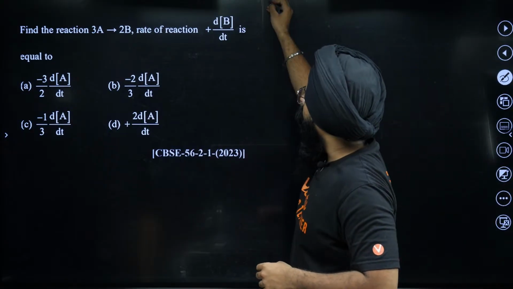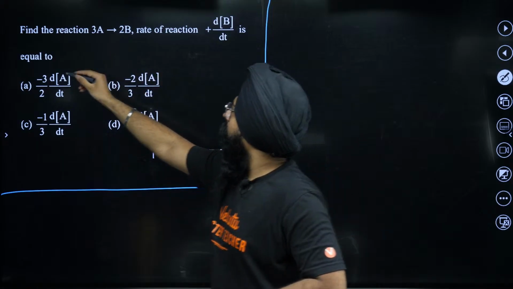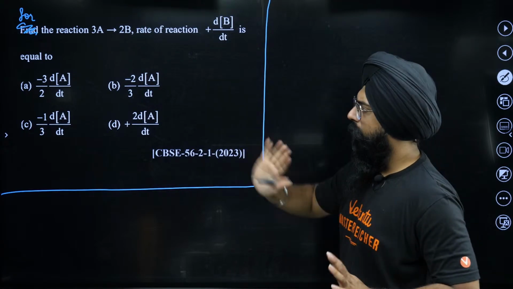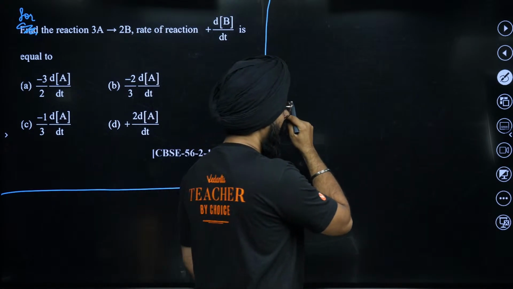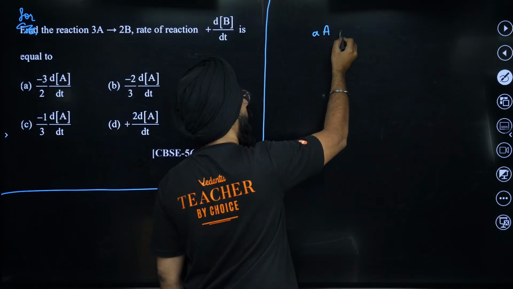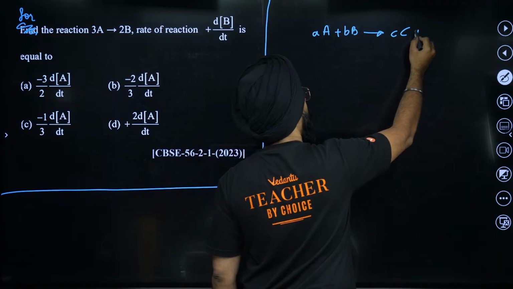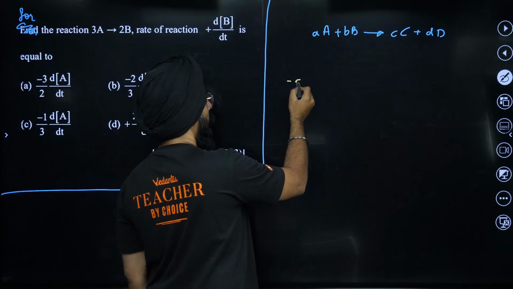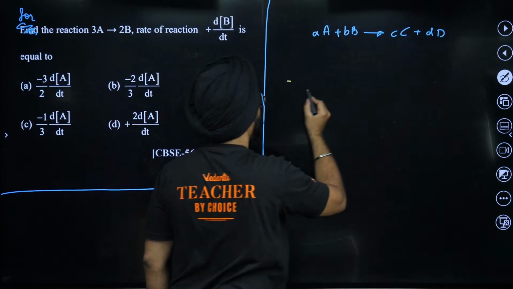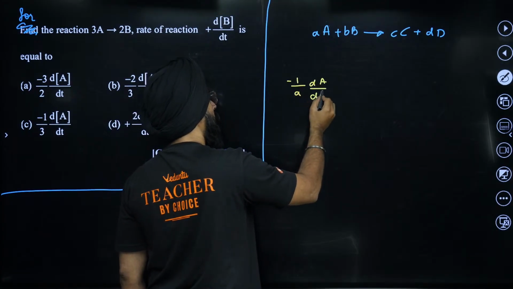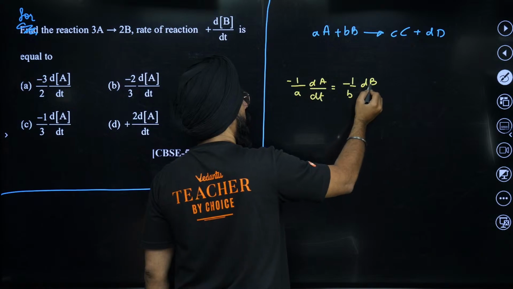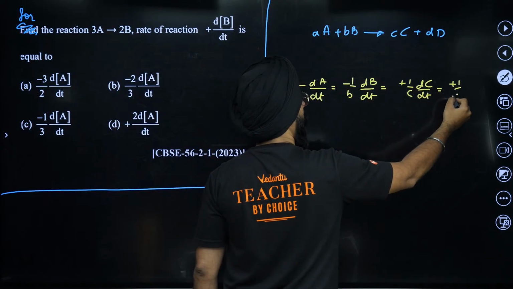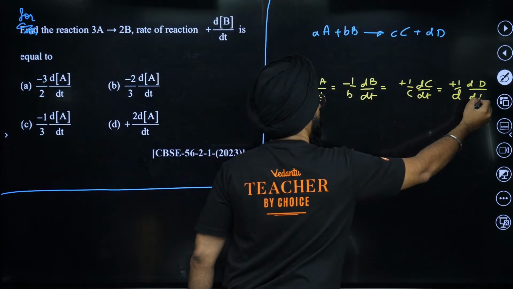Let's do this one, people. For the reaction 3A going to 2B, rate of reaction dB by dt, what is it equal to? Simple idea over here, let me tell you. If we have any reaction that looks like aA plus bB going towards cC plus dD, I can write for this particular equation according to stoichiometry: minus 1 by a dA by dt is equal to minus 1 by b dB by dt equal to plus 1 by c d of C by dt equal to plus 1 by d of capital D by dt.